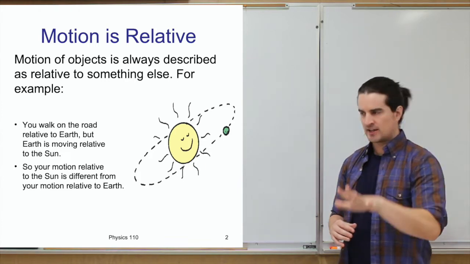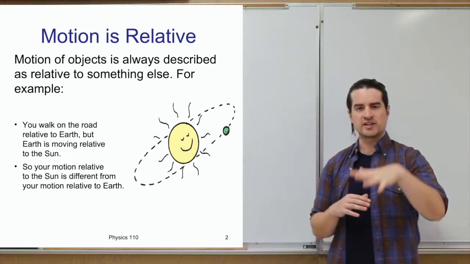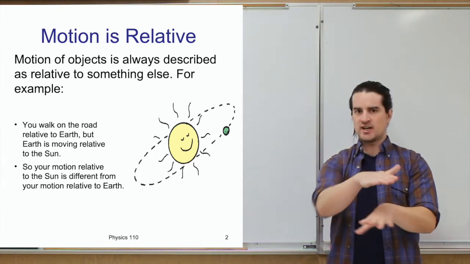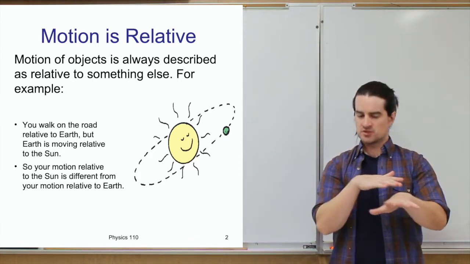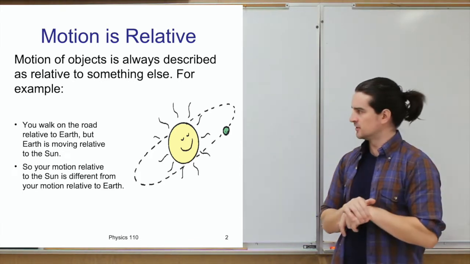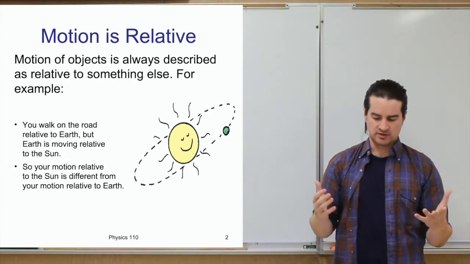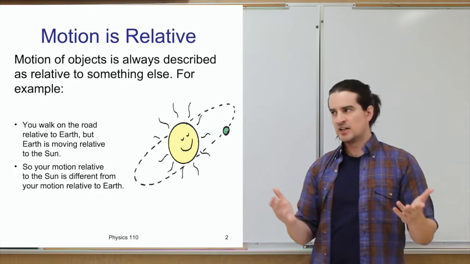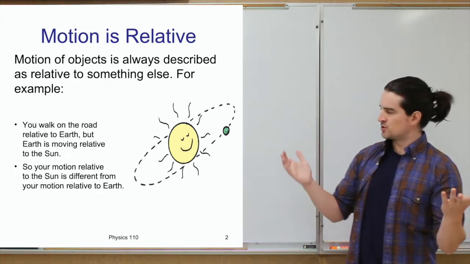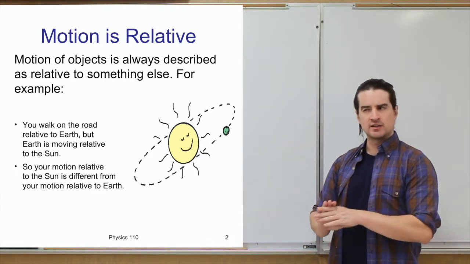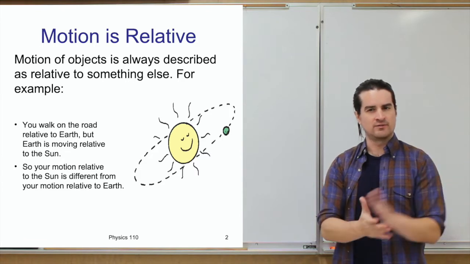So I'm saying in that case that the Earth's surface is essentially at rest, then I can say, yeah, the car is moving with respect to the Earth's surface, this is the way the car is moving. Okay? But all motion, technically, you need to refer to a certain, what we call frame of reference. And you don't need to worry too much about that now, but it will come back in a big way at the very end of this course.